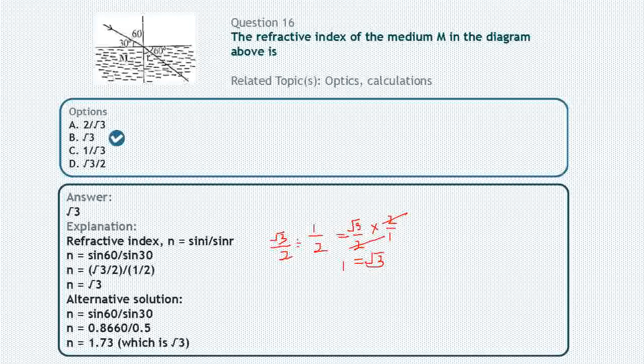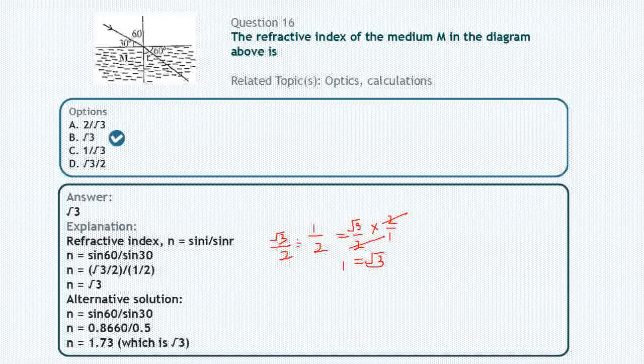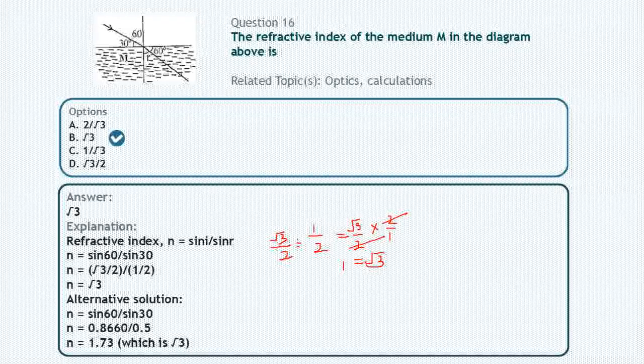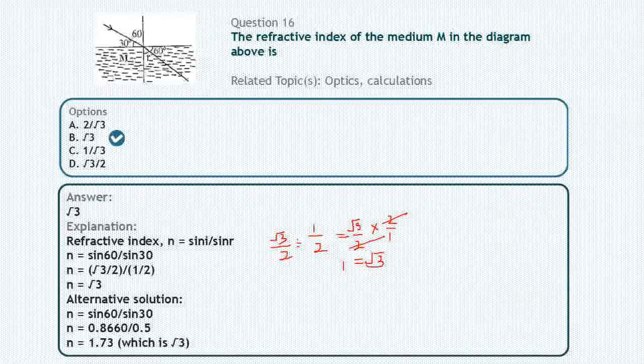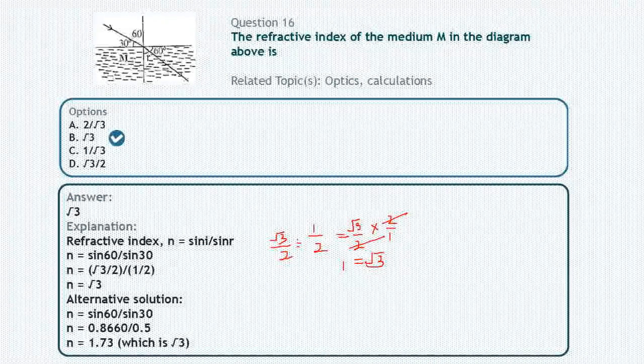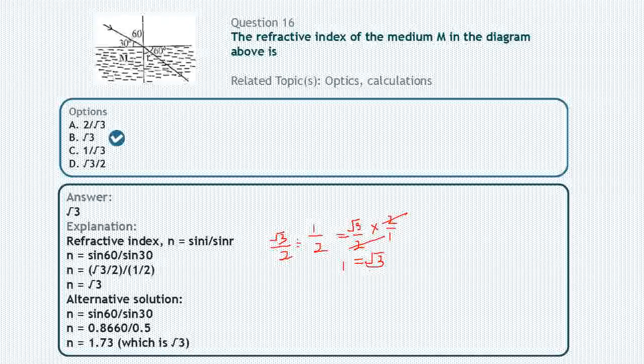The angle of refraction is going to be the angle between the refracted ray and the normal. That is the angle between this ray and the normal, and they represented that here as R. They didn't give us the value. Now, this is a right angle because these two lines are perpendicular, so the angle between them is 90.